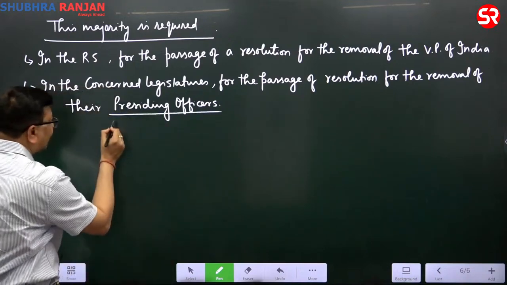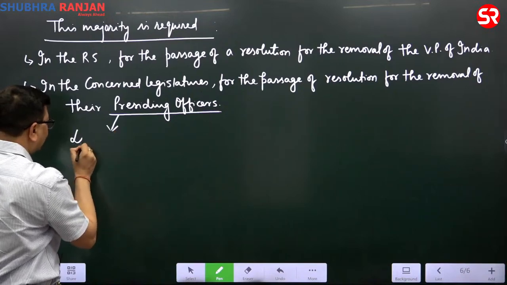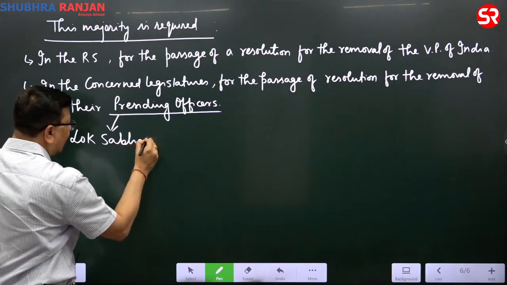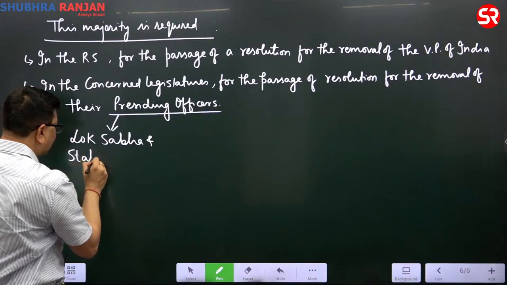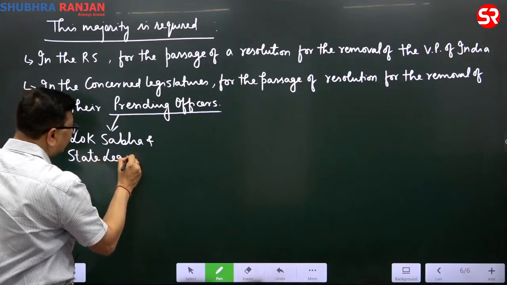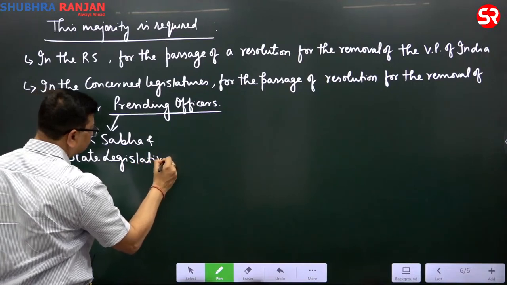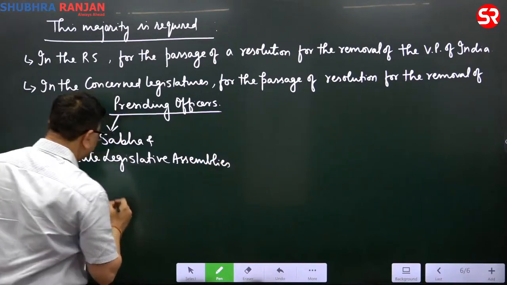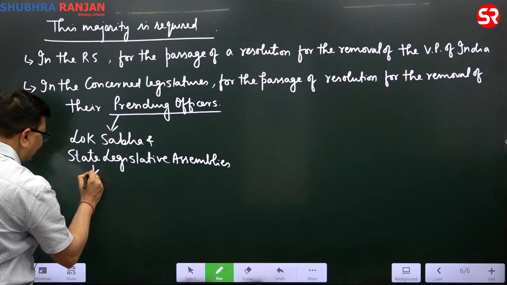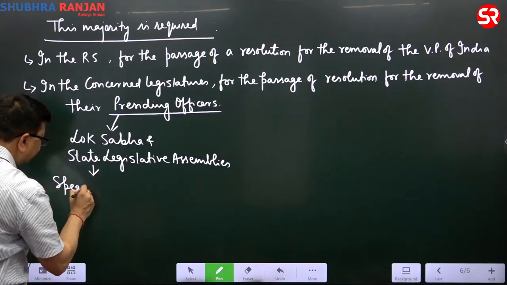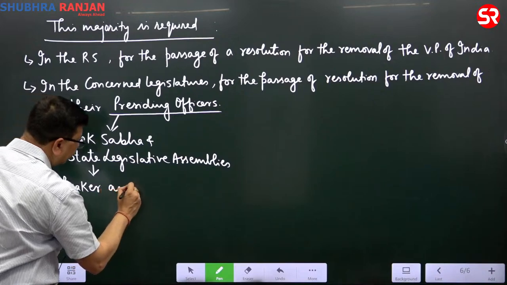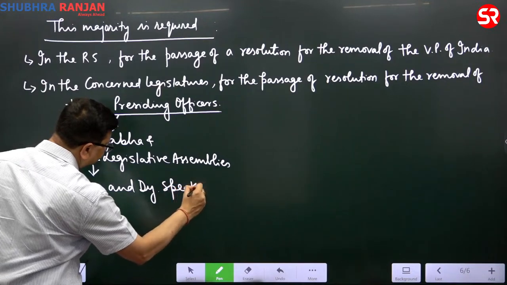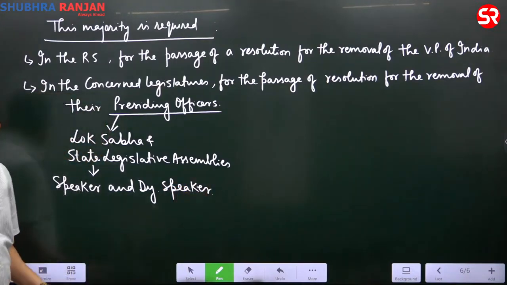Now, who are the presiding officers? In case of the Lok Sabha and state legislative assemblies, the speaker and deputy speaker.